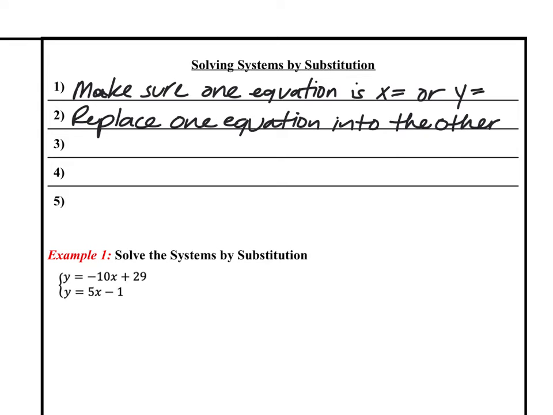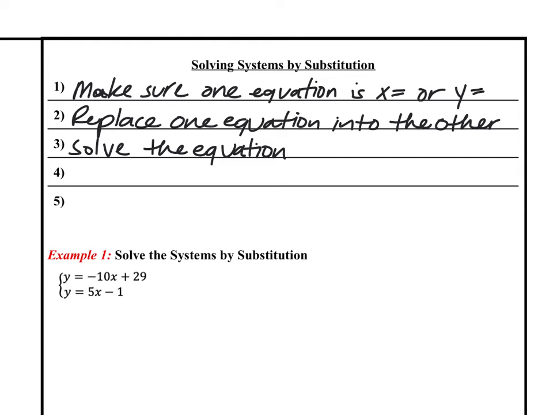And then, what do we do after that? Solve the equation. Because at that point, you'll have one variable and be able to solve. You'll either be solving for x or for y. It just depends.